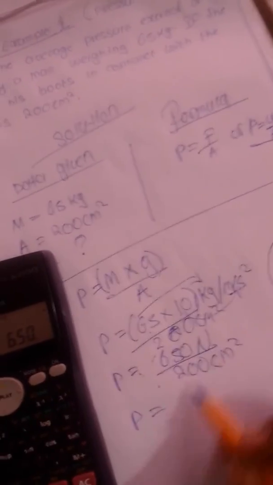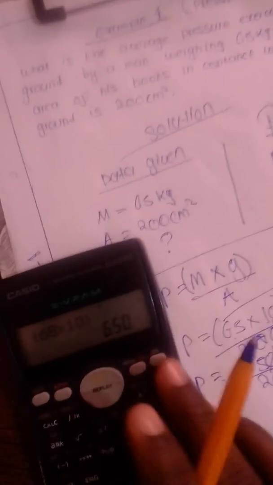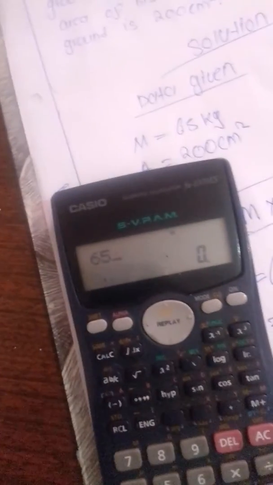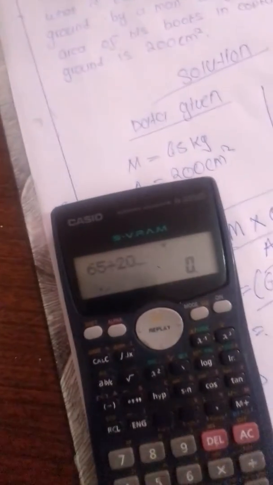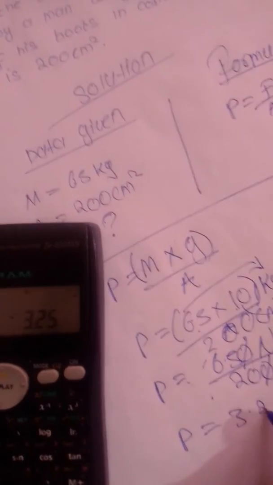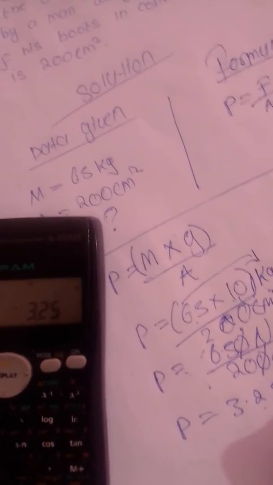Pressure is equals to, this and this goes. Of course, 20 into 65, since we've cancelled out the zeros, we'll say 65 divided by 20. This will give me 3.25 Newton per centimeter squared, or per square centimeter.